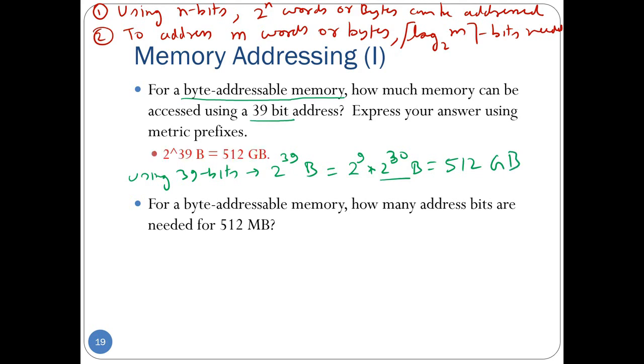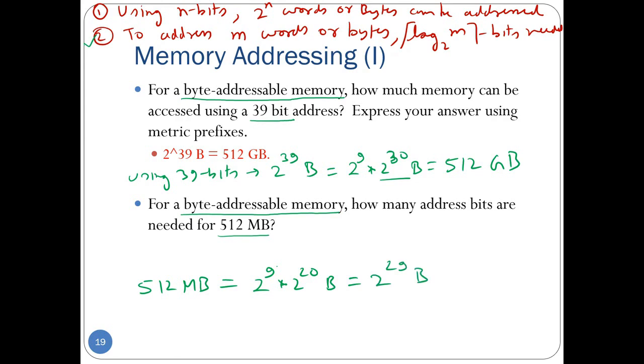The second problem here is again giving us a byte addressable memory, but the total size of the memory is given, it's 512 megabytes, and we need to figure out how many address bits would be needed. So now we will be using this second rule here because we are given the size of the memory. So 512 megabytes is basically 2 to the power 9, so 512 is 2 to the power 9 and mega is 2 to the power 20, so this is 2 to the power 9 into 2 to the power 20 bytes, which is 2 to the power 29 bytes.